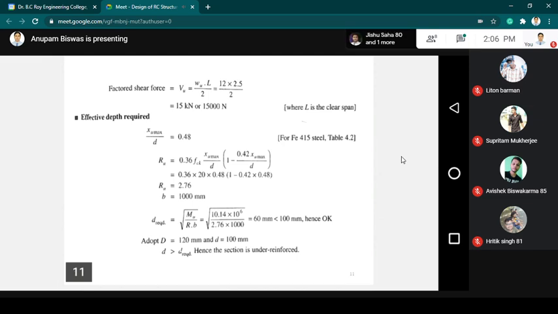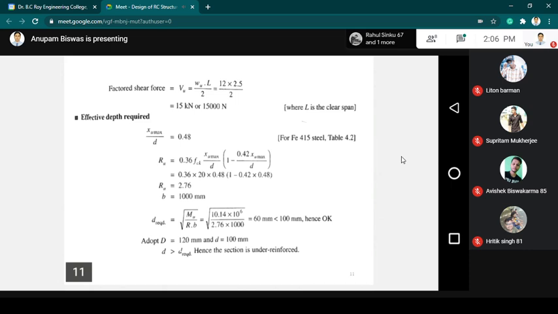Next is the effective depth that is required. To find the effective depth, we need the grade of steel, Fe415. From the table, we know that the value of Xu max by d for Fe415 steel is 0.48. From the formula for Ru, we know that Ru is 0.36 fck Xu max by d into 1 minus 0.42 Xu max by d.